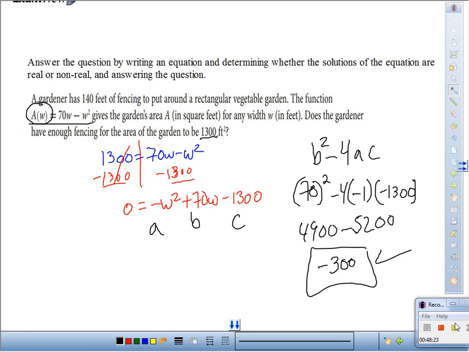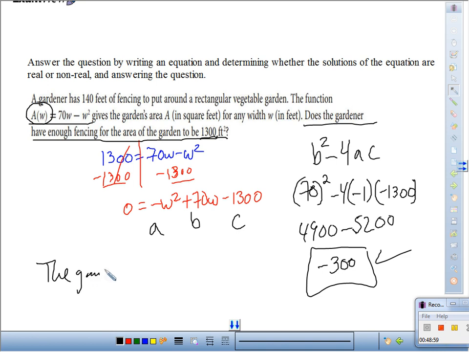Let's go to number 10. What's that? Oh, my bad, yeah. Our statement. Answer the question. It says, does the gardener have enough fencing for the area of the garden to be 1,300?